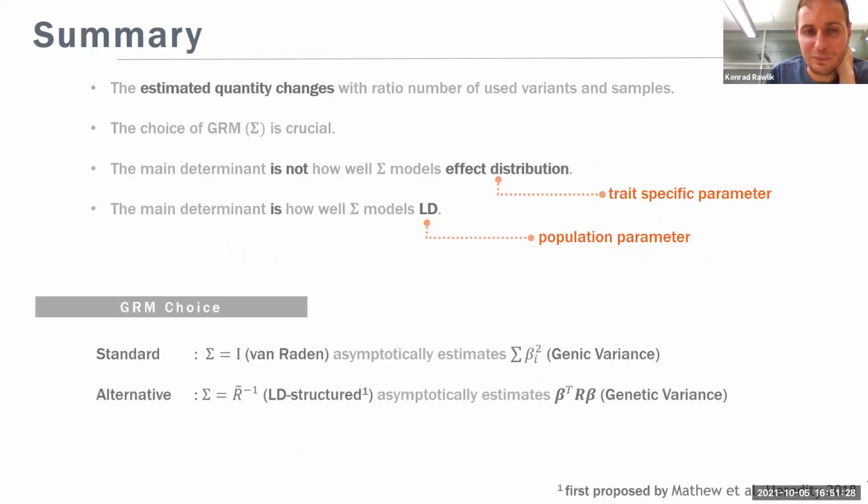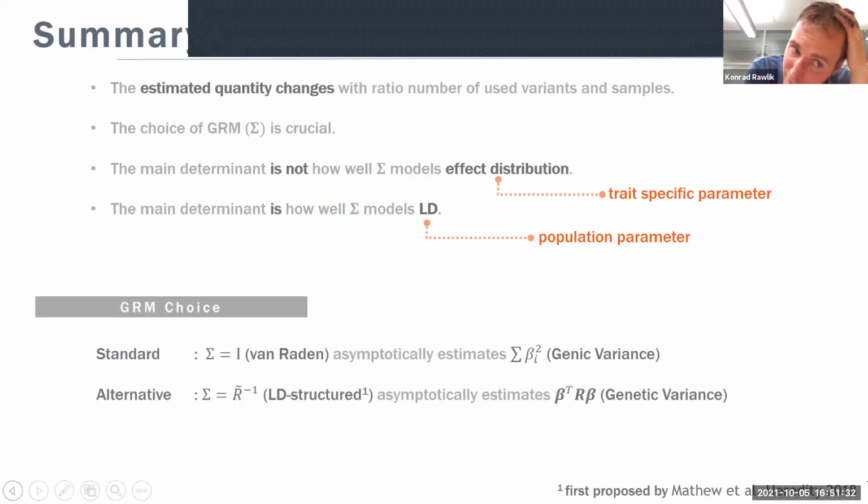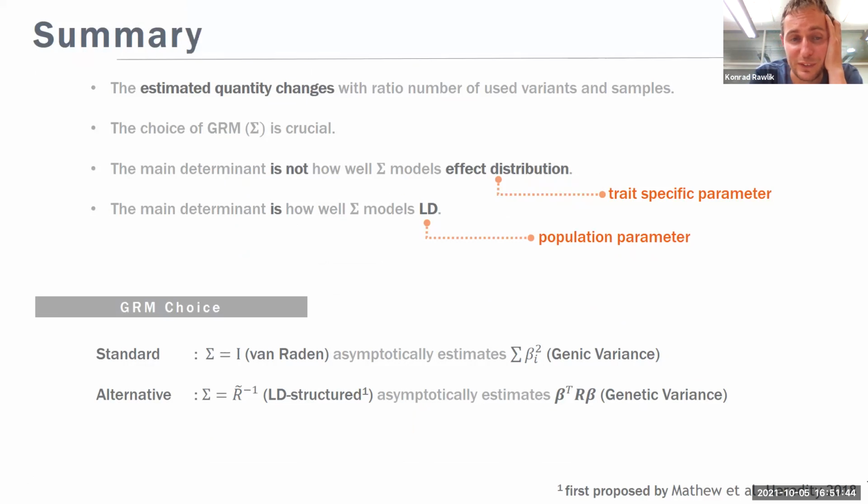To compute this LD structured G-REML, there's two ways of computing it. Another way of thinking about it is, rather than using this prior, which is the inverse of the LD structure, you're fitting a model where you're using orthogonalized genotypes.